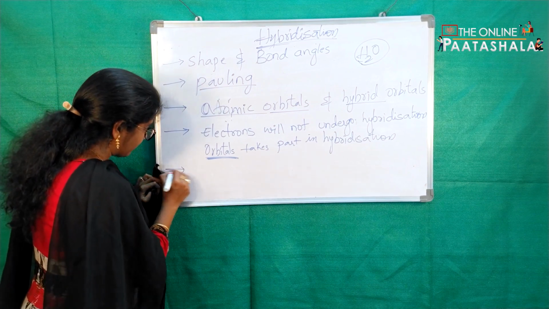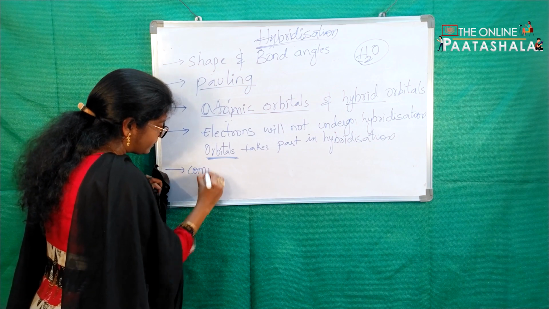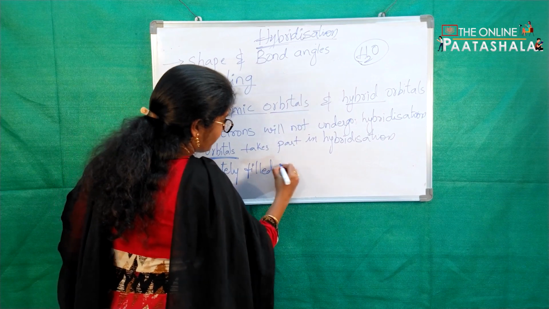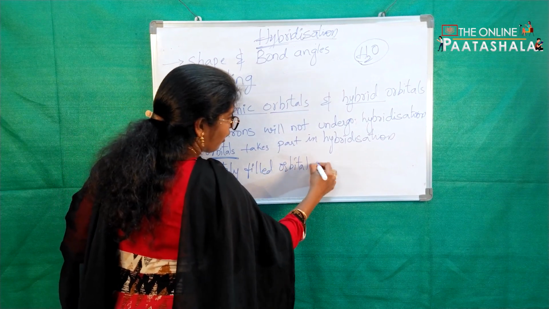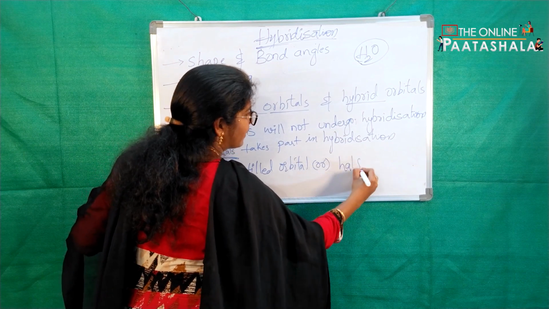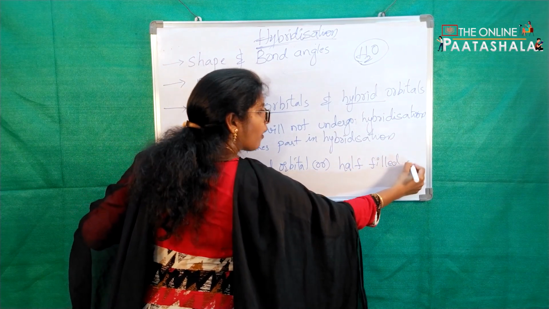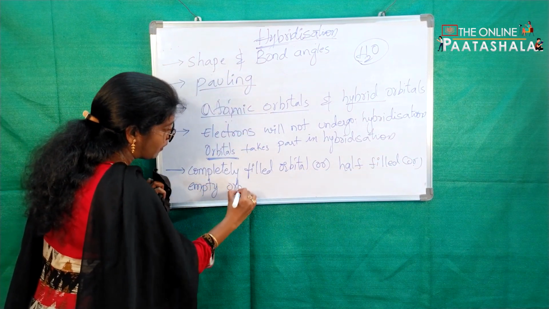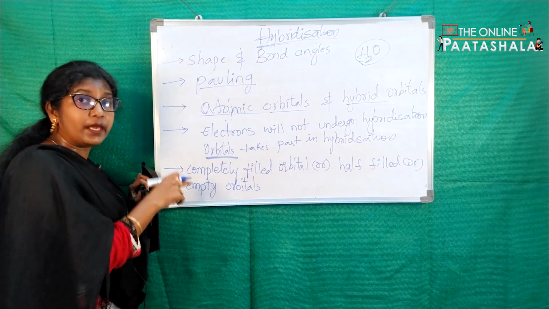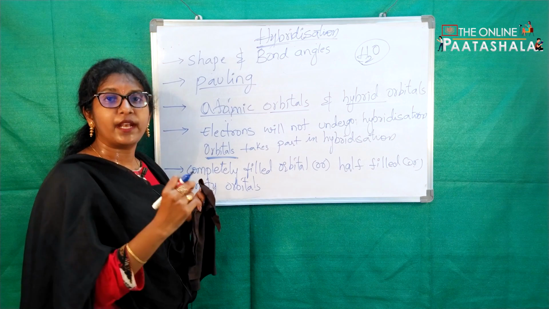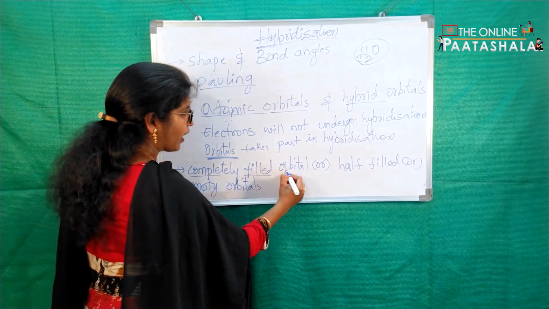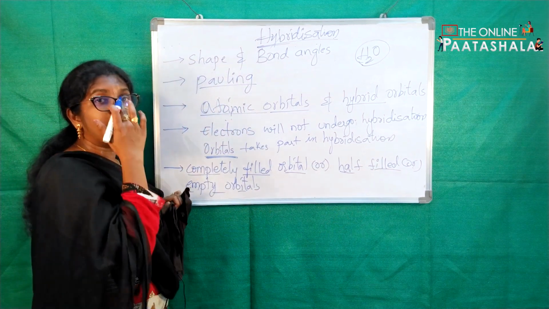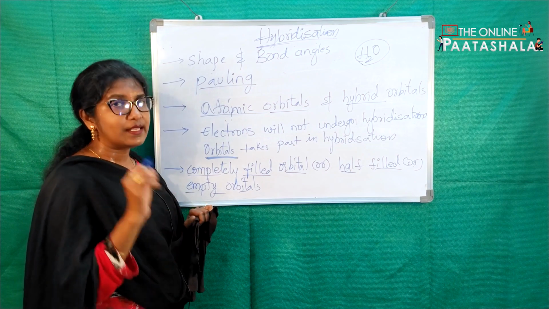Another most important thing is that completely filled orbitals, half filled orbitals or empty orbitals will participate in hybridization.